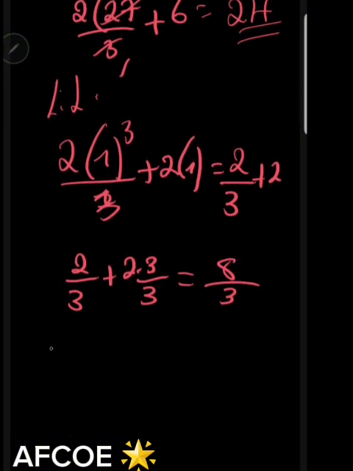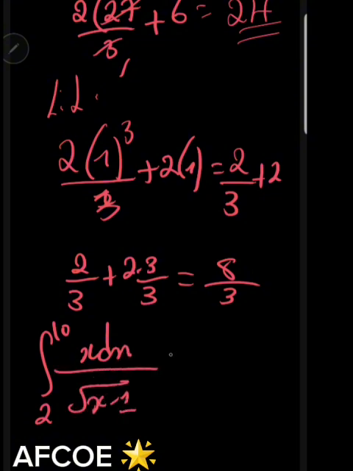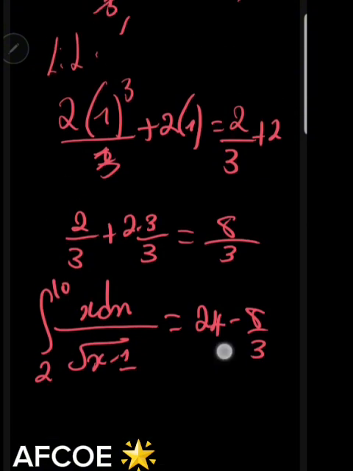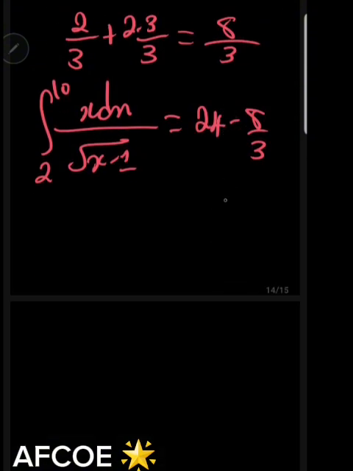So now our integral from 2 to 10 of x dx over the square root of x minus 1 will be equal to 24 minus 8 over 3. And for 24 minus 8 over 3, you can find your LCM, or multiply 24 by 3 and divide by 3, minus 8 over 3.